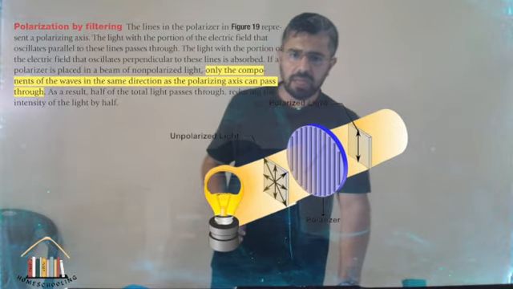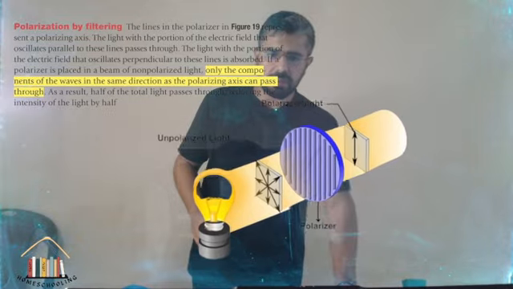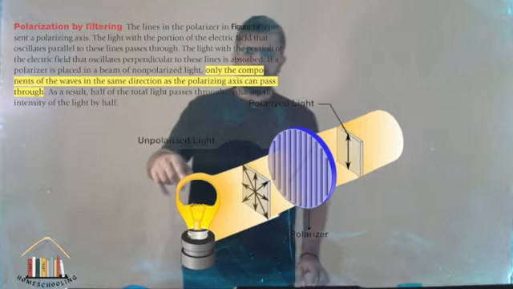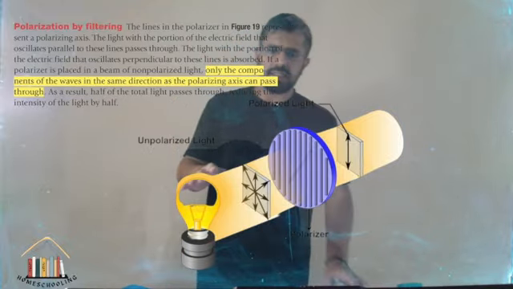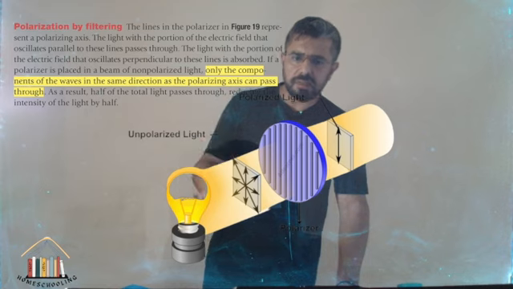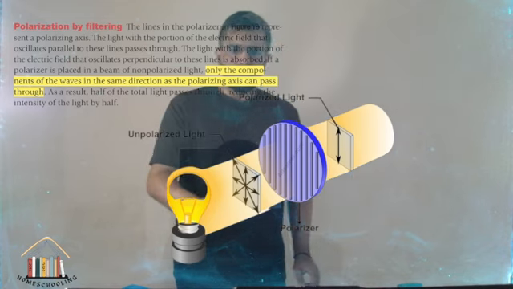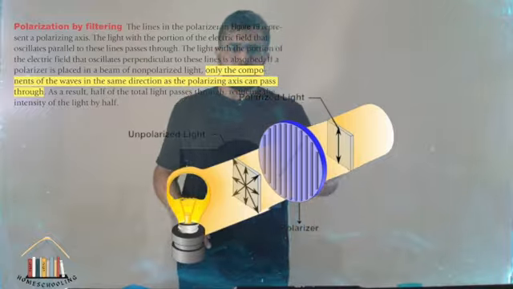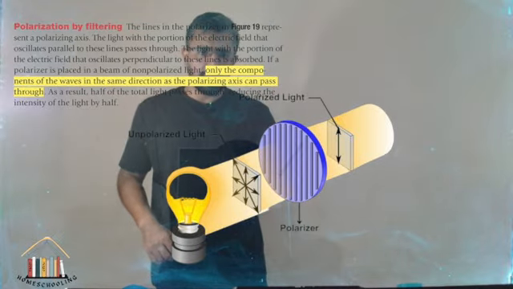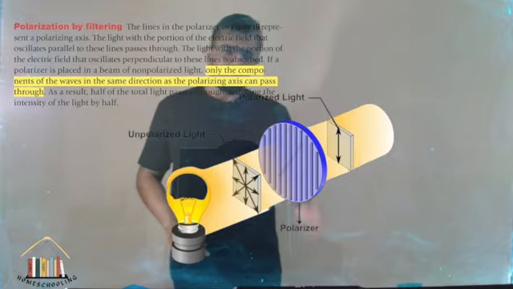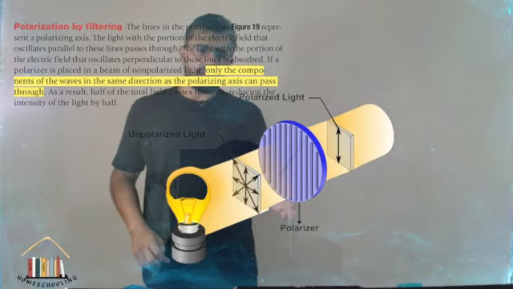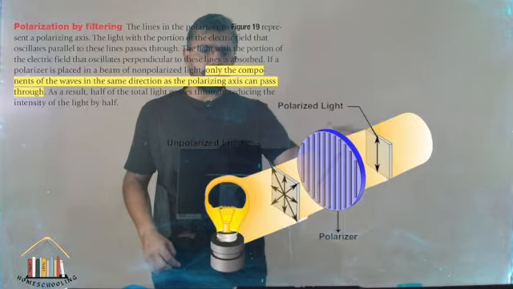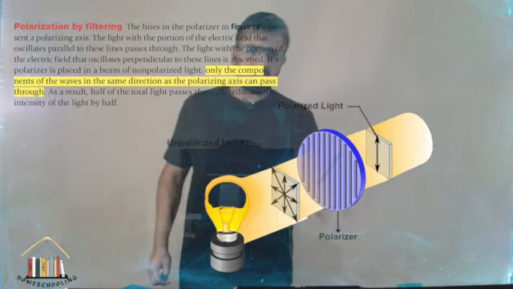Now let's look at another example, similar to the previous one. Here we have the lamp. Of course, the light is not polarized. As you see here, it's going in all directions. The moment it passes through the blue lens, which is called the polarizer, and if you notice, the lines are vertical, only the polarized light will go parallel to the axis of the polarizer.